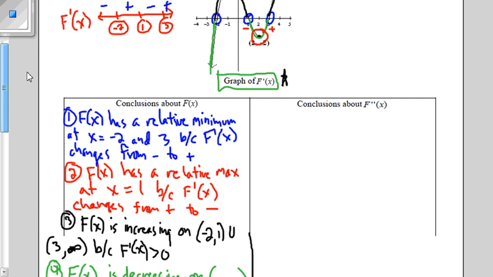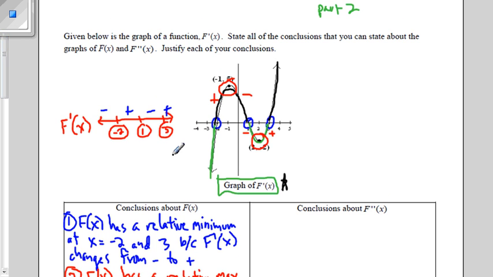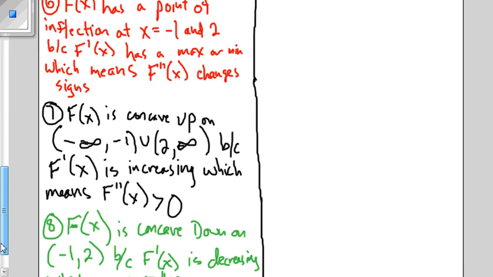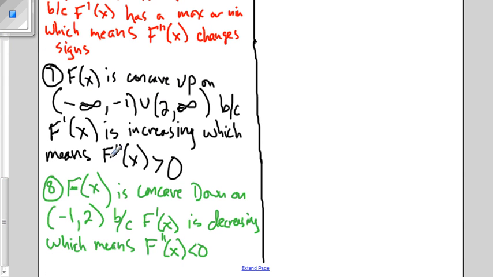So let's look at that. From -infinity to -1, that derivative is increasing, and there again from 2 to +infinity, it's increasing. And what do I know? That's where the second derivative is going to be positive.